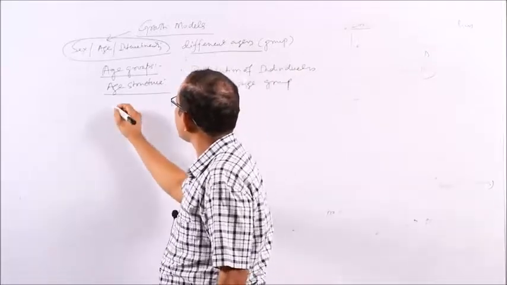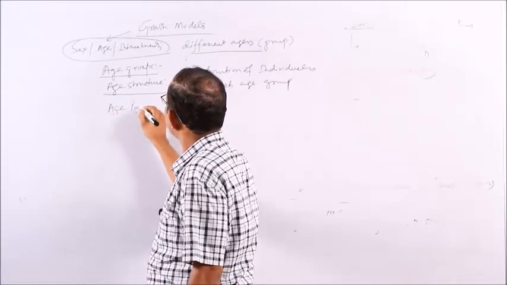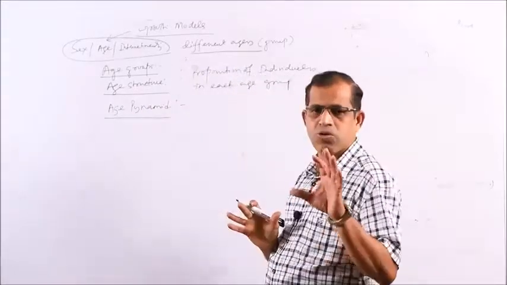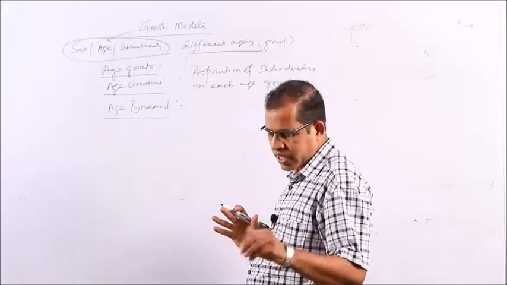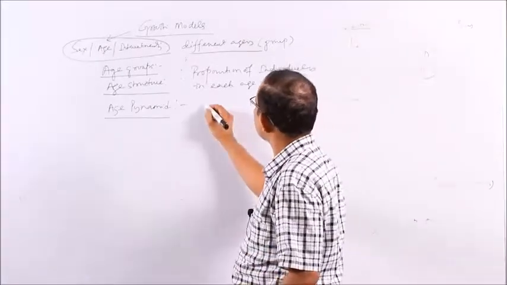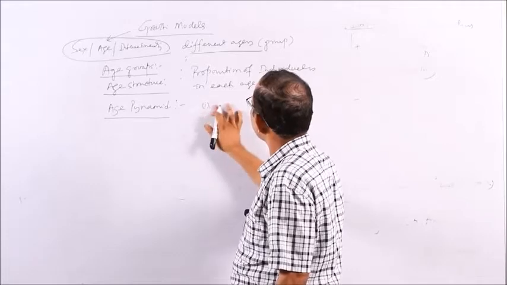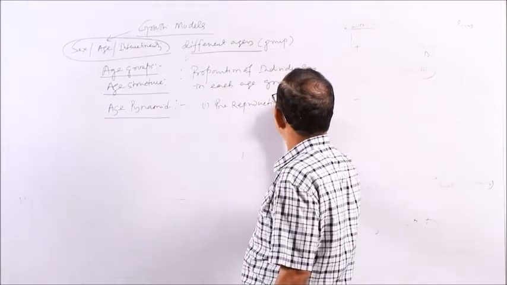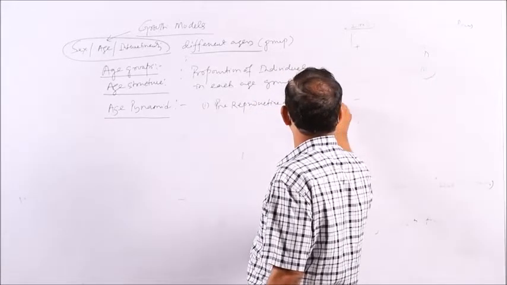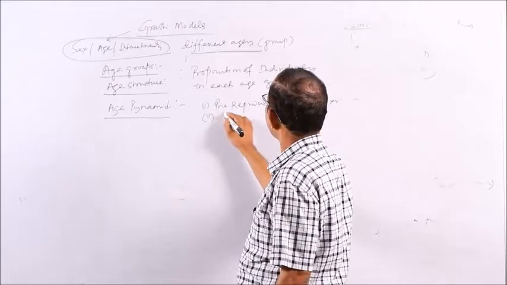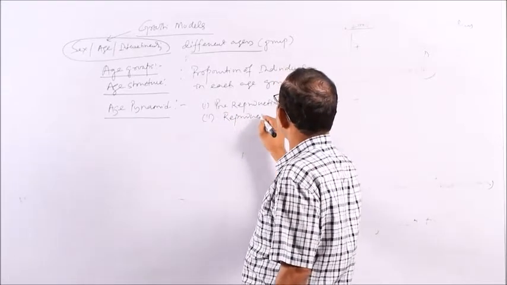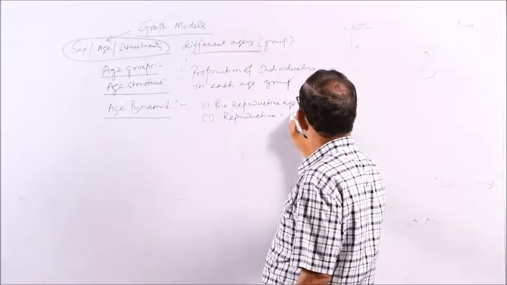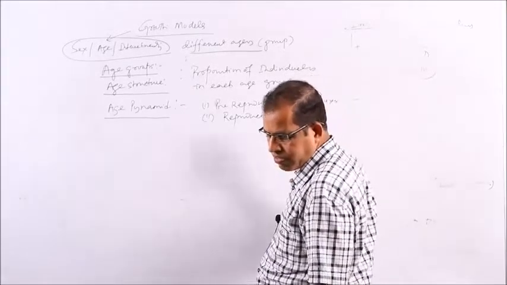Now, what is age pyramid? Depending upon the age group, when we consider the population, we take three groups. One is pre-reproductive age, that is 0 to 14 years. Second is reproductive age, the capacity to have children, from 15 up to 45.